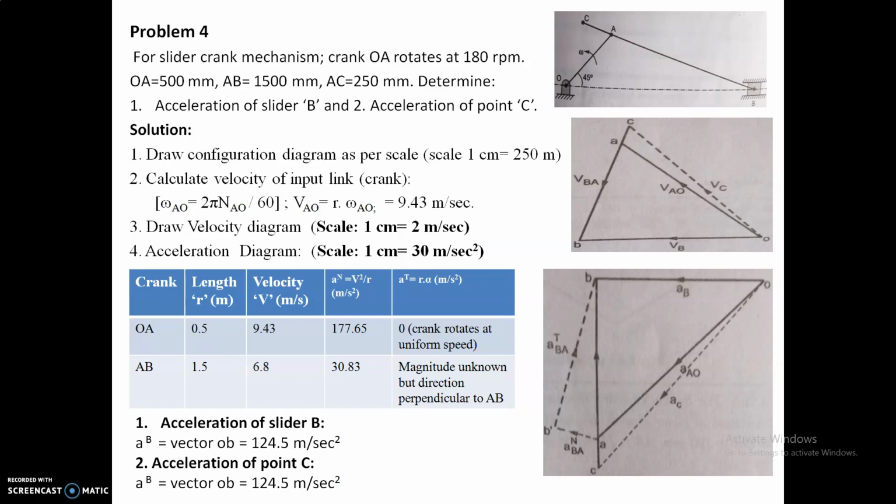Another thing to keep in mind is the direction of the velocity for the velocity polygon: you take the direction for the crank as per the rotation of omega, whether clockwise or anti-clockwise, given in the problem. Regarding the acceleration polygon, the normal component is always towards the center of rotation, and the tangential component is always perpendicular to the normal component. These are the basic things you have to keep in mind.